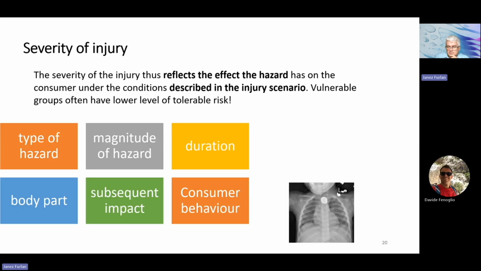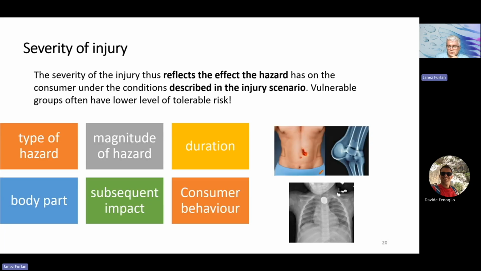Also, we need to have in mind the magnitude of the hazard, the duration of the hazard, and of course typically whether the consumer group also contains vulnerable groups like children. The severity of injury would be much higher. Children cannot help themselves if they are injured.